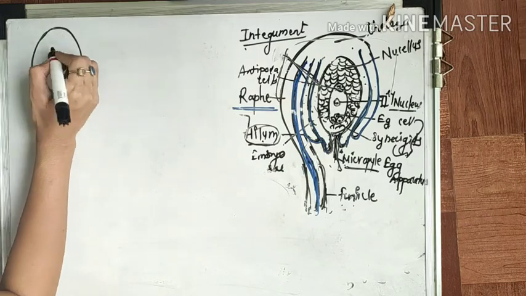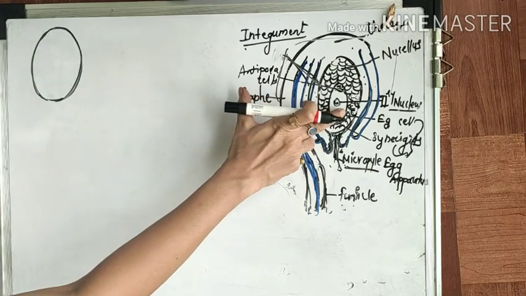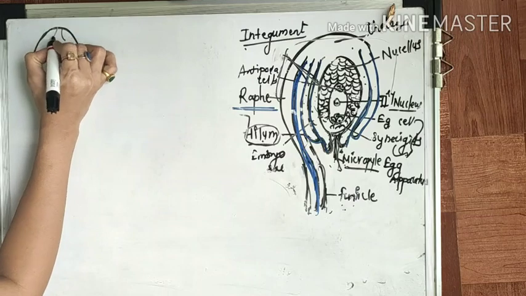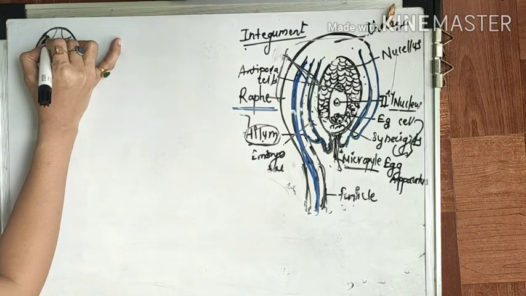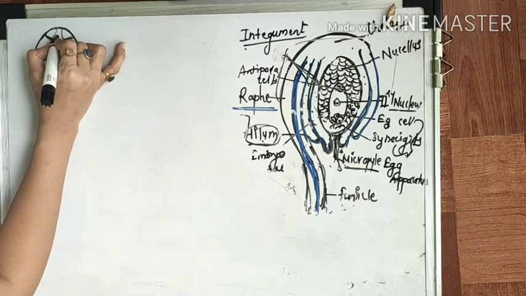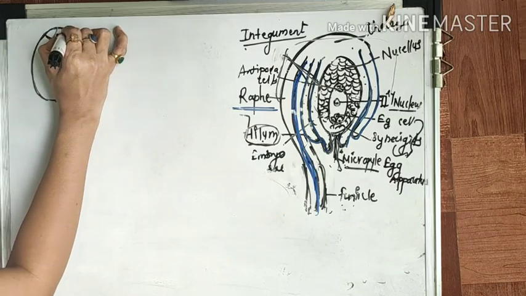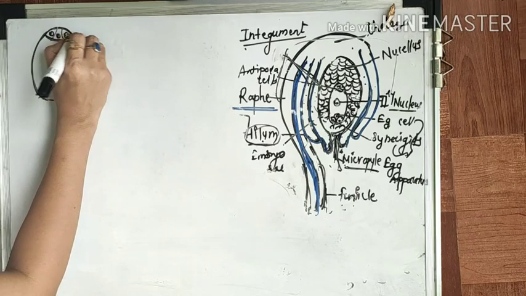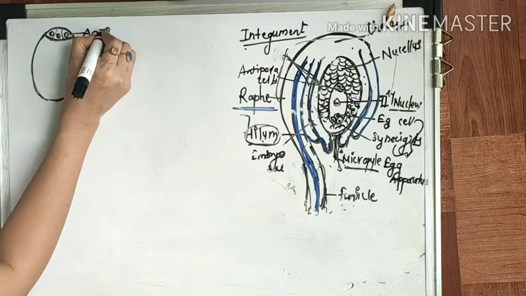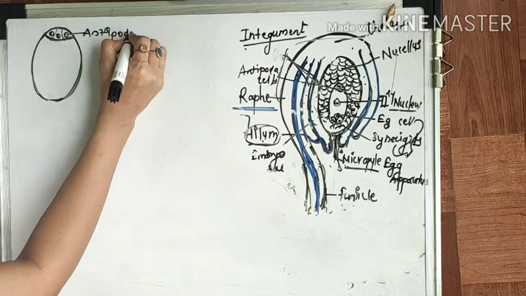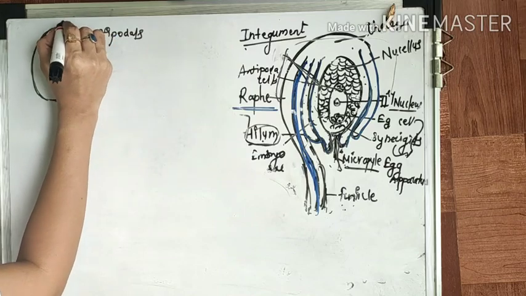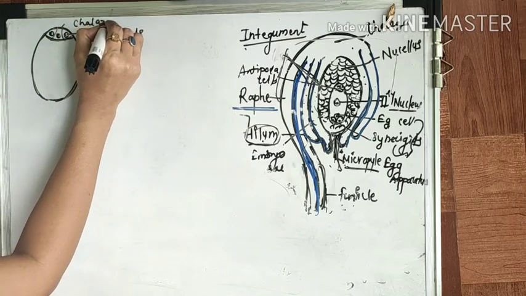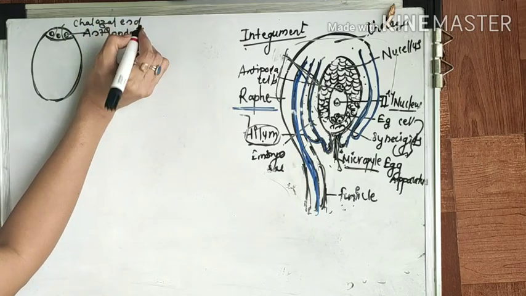Now I am drawing the embryo sac structure over here. See carefully how to draw. That is called the antipodals, and this end is called the chalazal end.